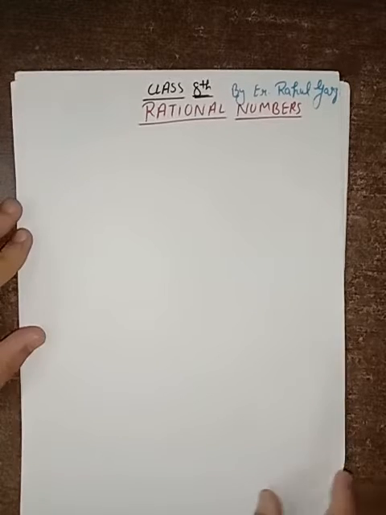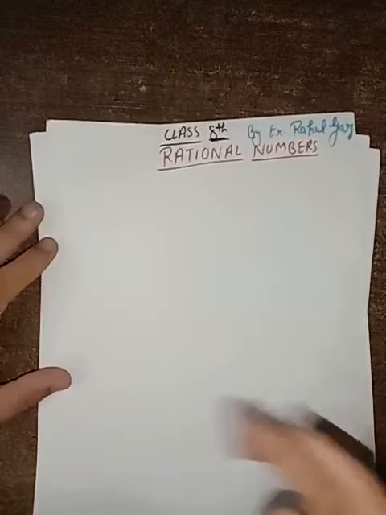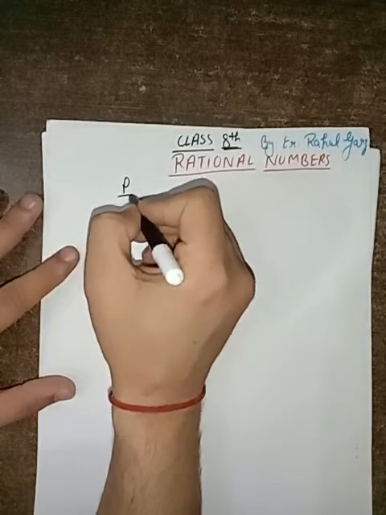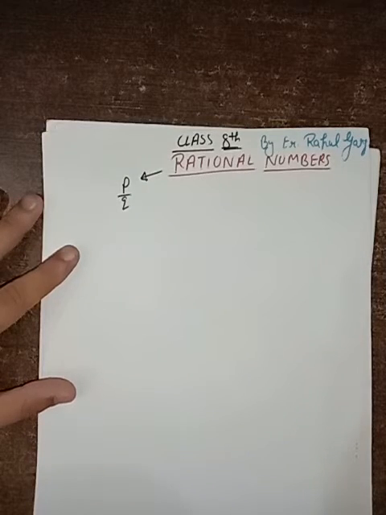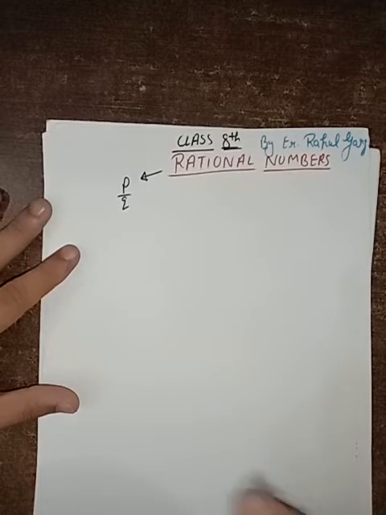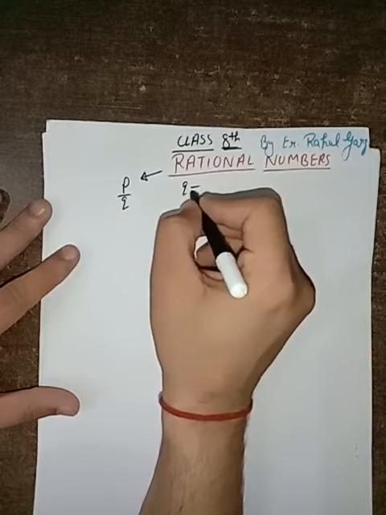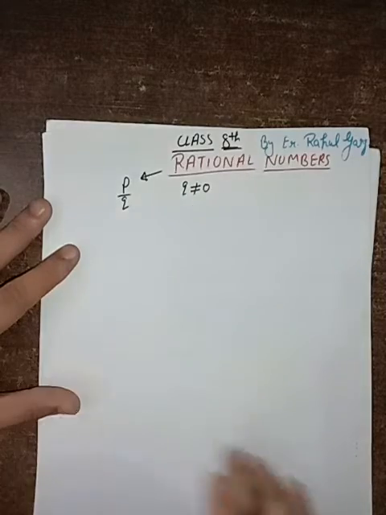Students, today we will discuss our first chapter, rational numbers. So, first, what are rational numbers? Rational numbers are those which can be expressed in the form p by q, where q should not be equal to 0.